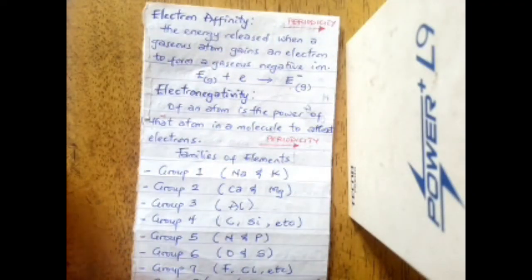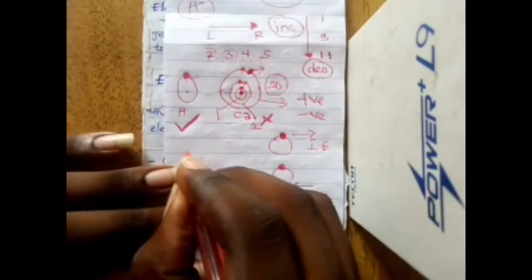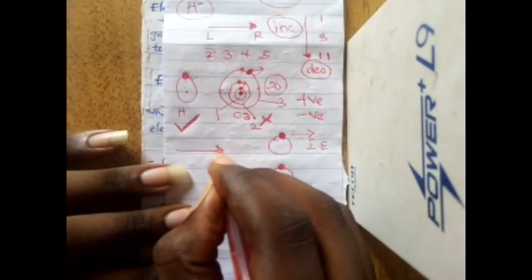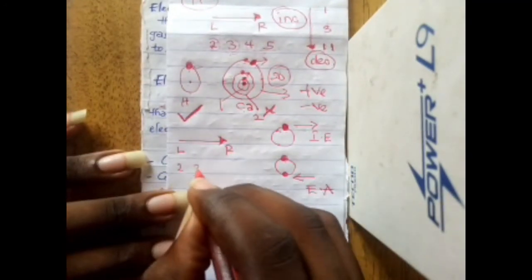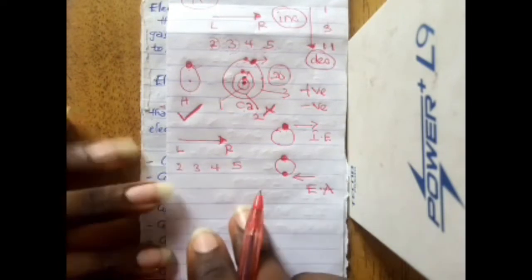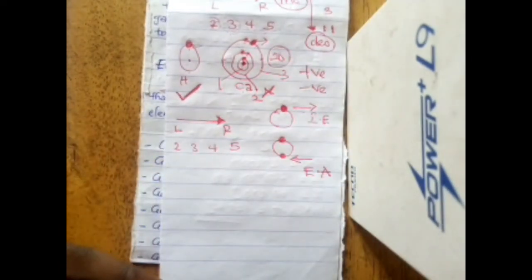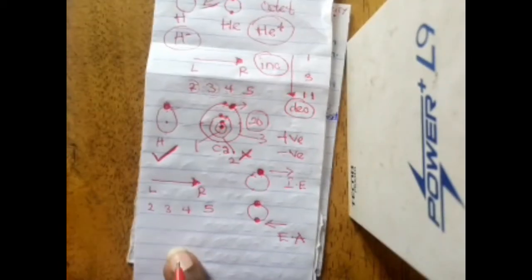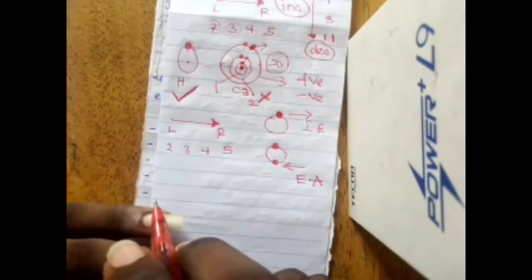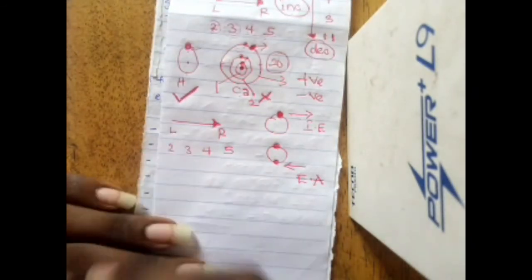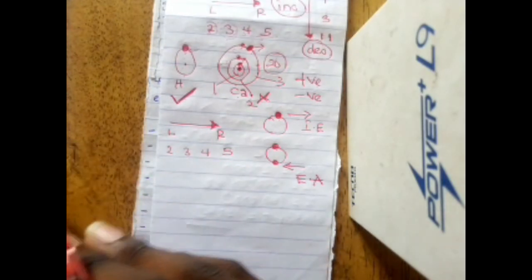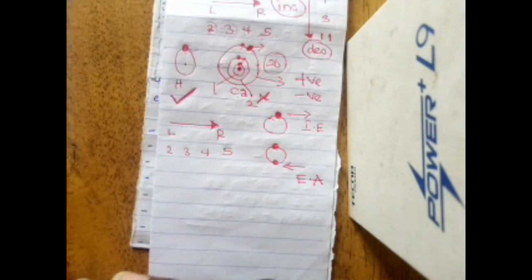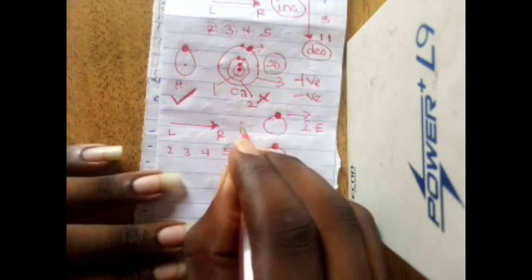Similarly, for the trend in the periodic table, when you move from left to right of the periodic table, the electron affinity increases.